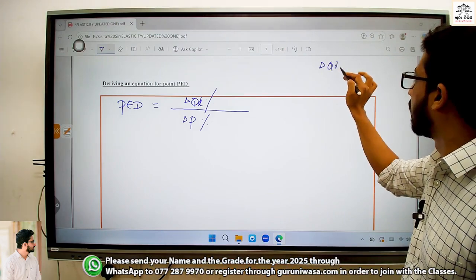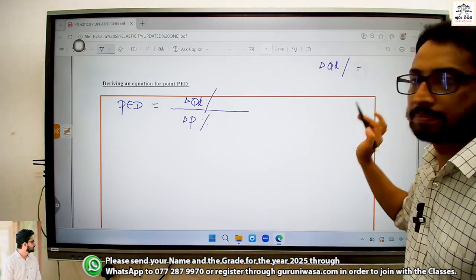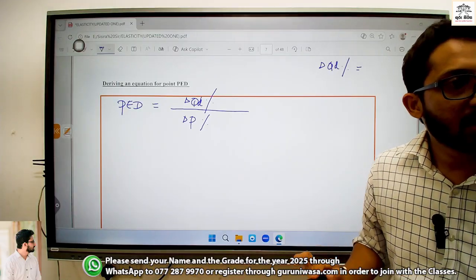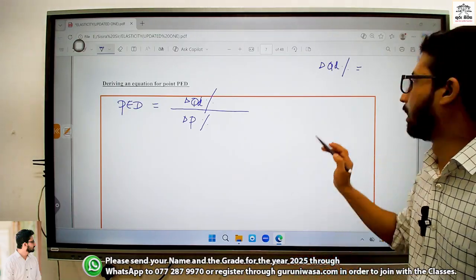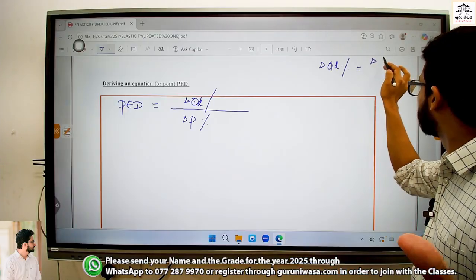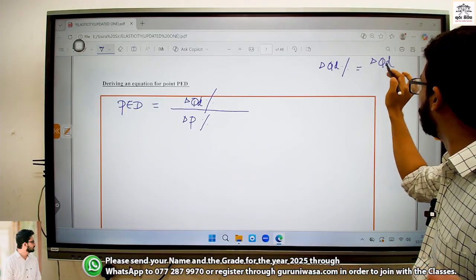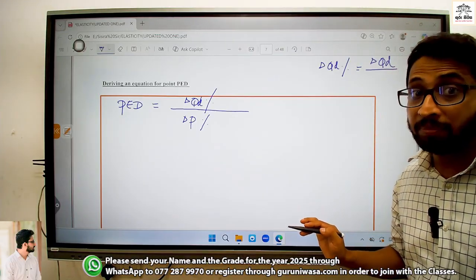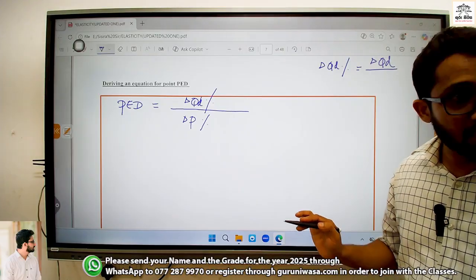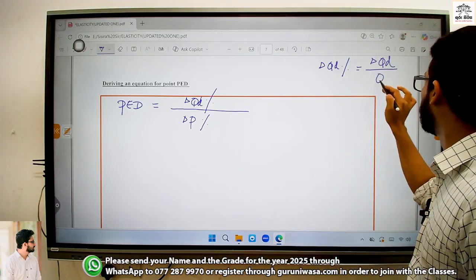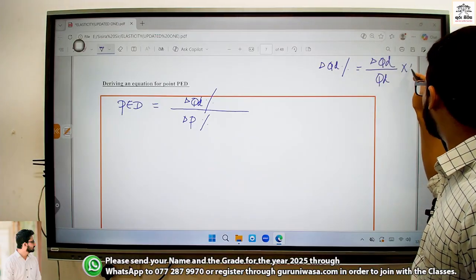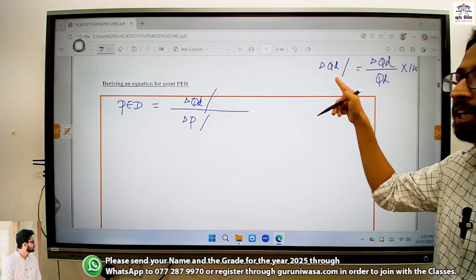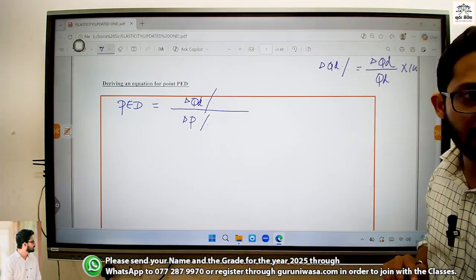Percentage change in quantity demanded equals the change in QD, the absolute change, divided by the original quantity demanded, into 100.